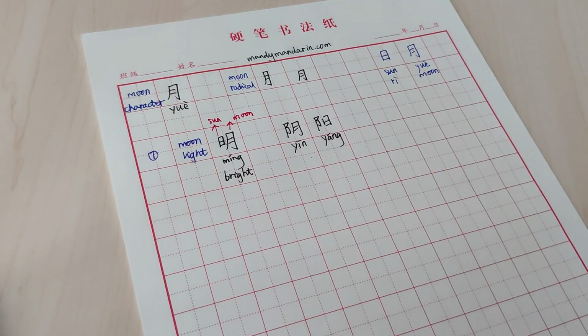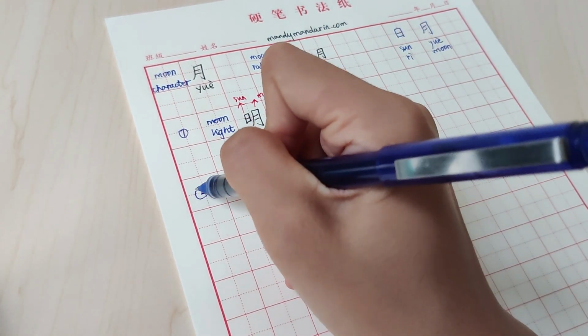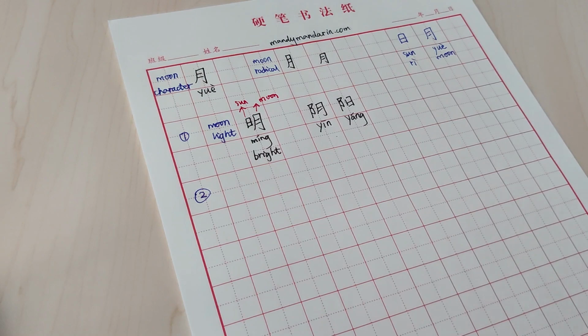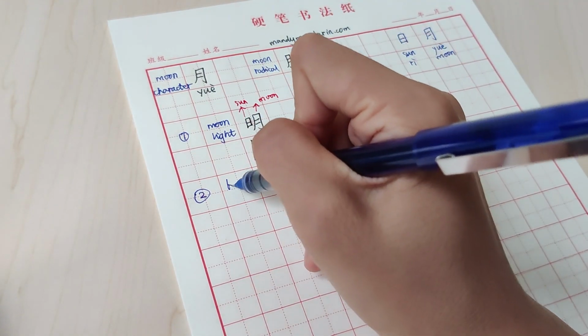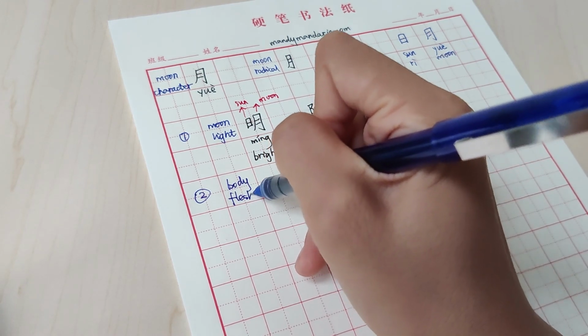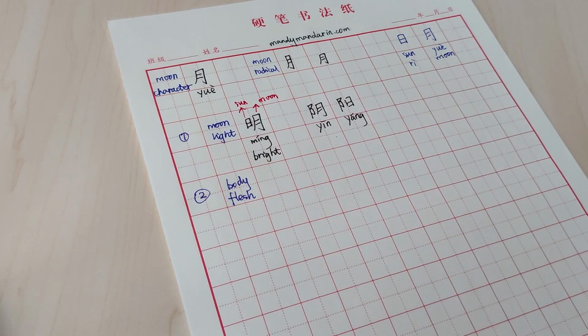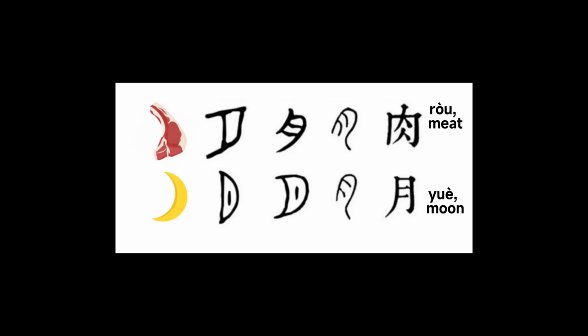Okay, now move on to the next category, category 2. The moon radical also related to body or flesh. Wait a second, why is that? Okay, so now let me show you the picture of the evolution of the meat character and the moon character.